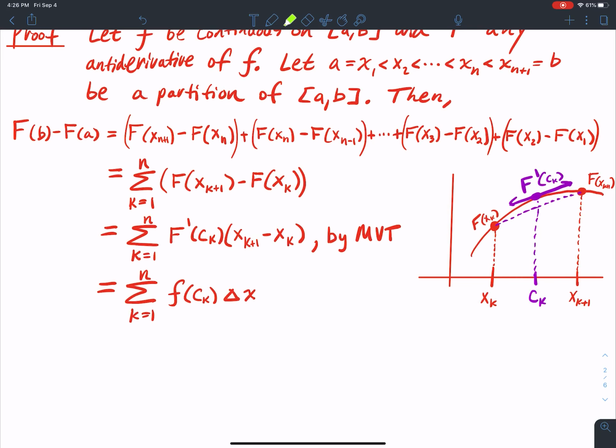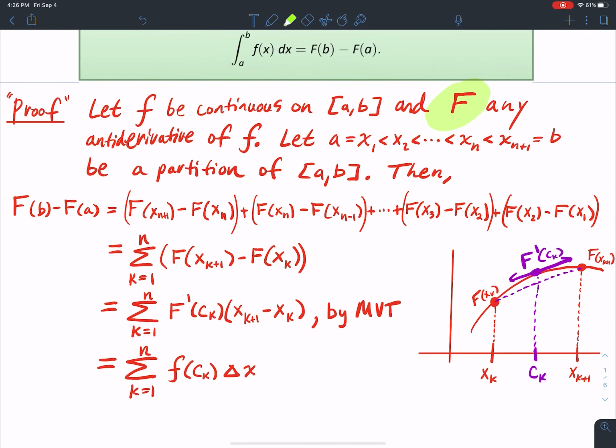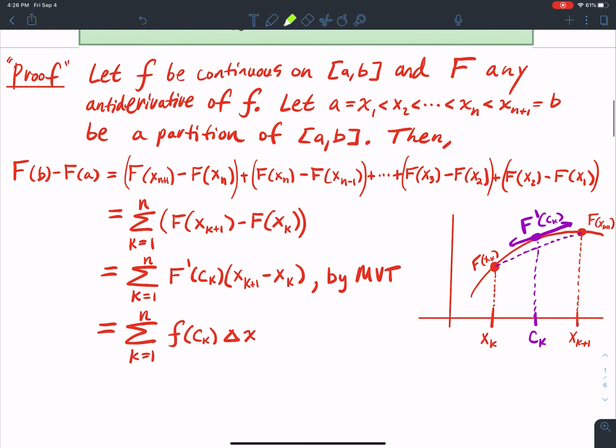Okay. Now, what do I know? I know that capital F is an antiderivative of little f. So when I take the derivative of capital F, I get little f. Okay, that's all I know. The derivative of capital F is little f. The derivative of the antiderivative is the function itself.